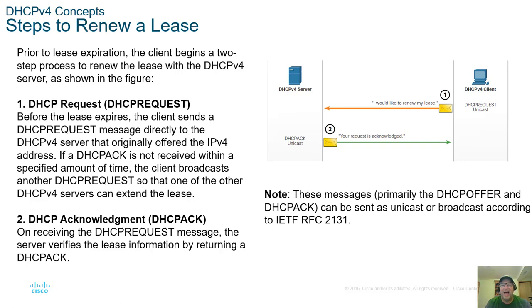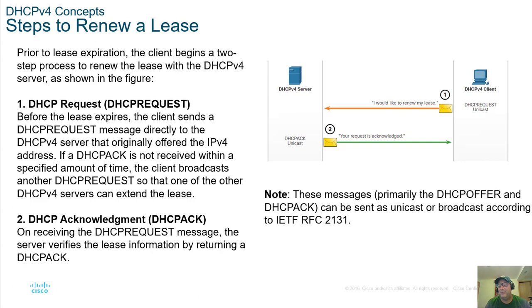So if the lease is an hour, at a half an hour in, the client would request another hour. And you can scale that out to whatever you want. If the lease was a day, at 12 hours, the client would contact the server.